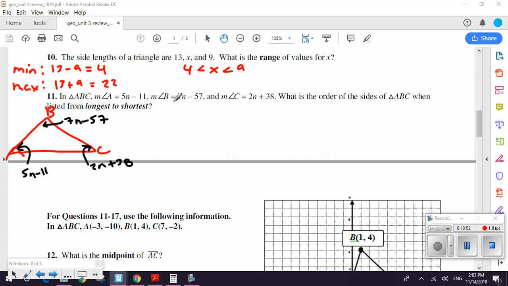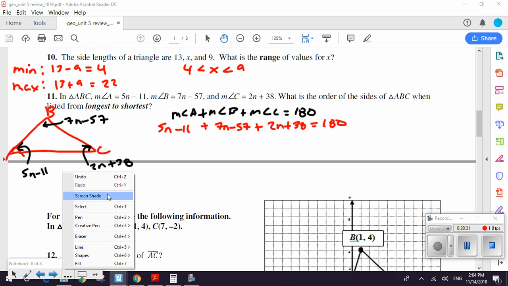So we're given all three interior angles of this triangle. And what do we know about the angles of a triangle? They add up to 180. So the measure of angle A plus the measure of angle B plus the measure of angle C is 180. So that means 5n minus 11 plus 7n minus 57 plus 2n plus 38 equals 180.